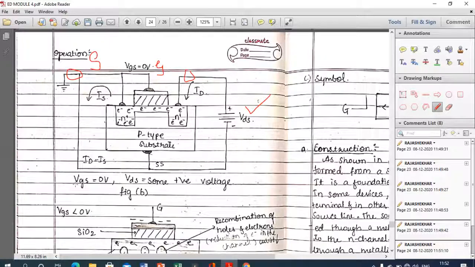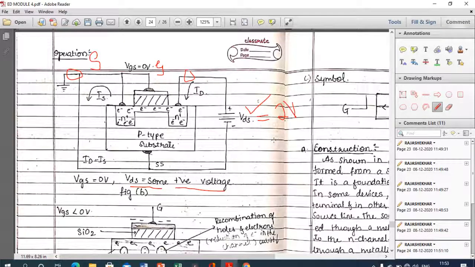So now assume that we have some VDS voltage. Here I have taken some positive voltage, which is greater than 0.7, or I will assume it as around 2 volts.